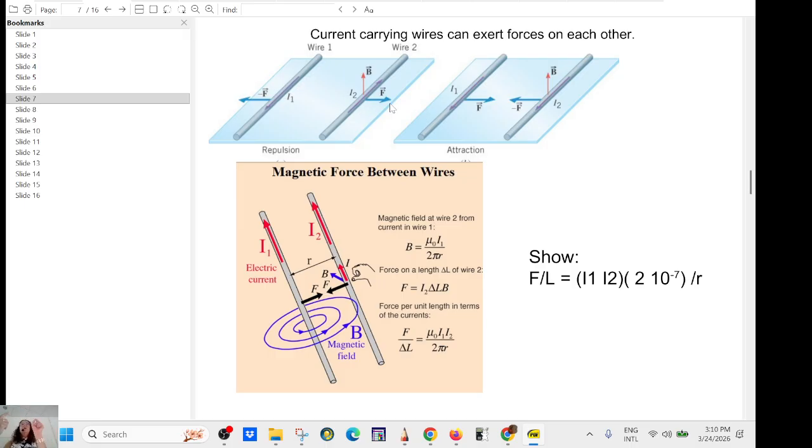So, typical conceptual question again: if the current goes in the same direction, they attract. If they go in opposite directions, the wires repel. Is that clear? Opposite direction, they repel. Same direction, they attract. Okay? And that will be the equation for that.